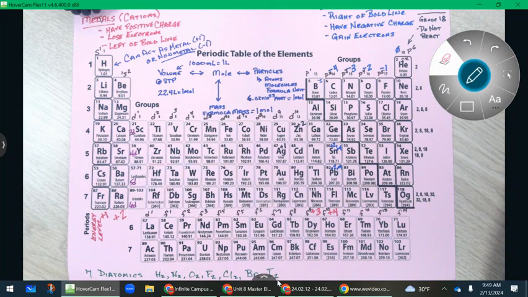Second level, S's and P's. Third level, S, P's, and D's. Fourth level, S, P, D, and F. Okay, let's go back to our chart here. Four S, 3 D's, 4 P's.